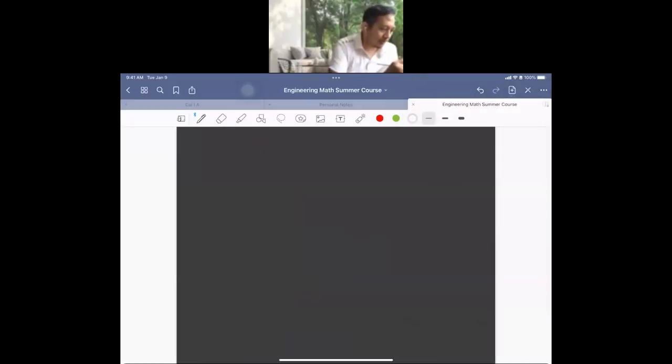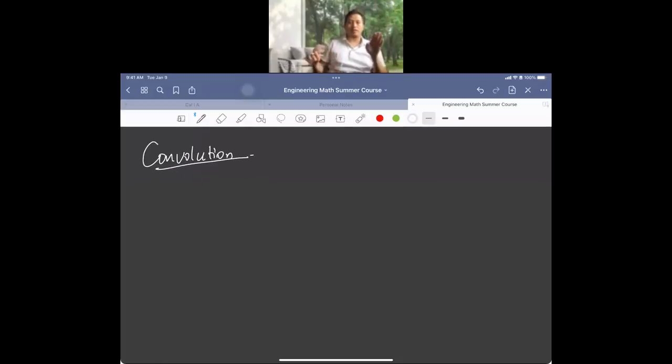Let me move to the convolution. Before we define what convolution is, let me just recall some important notes. Recall that in Laplace transform we have linearity, right?